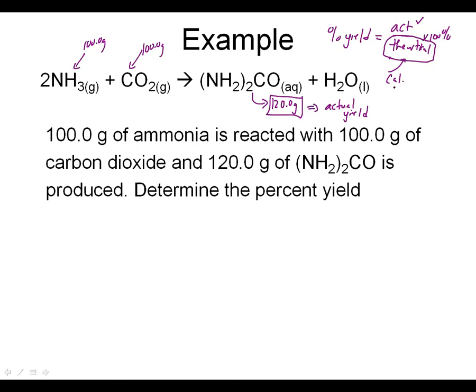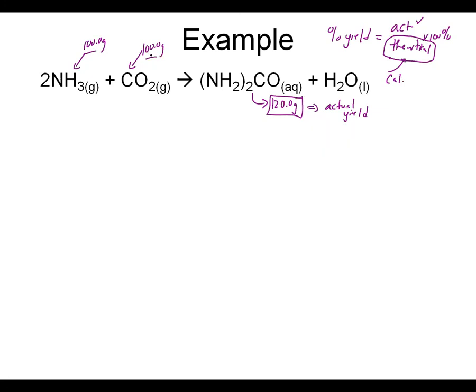Now, we're going to do it the same way as we did before. We're given the starting amounts of both reactants, which will tell us that it is a limiting reagent problem. So just like we did before, we need to figure out the limiting reagent. So same steps, we're going to balance the equation, the same one we used previously. We're going to convert to moles. Here we're using different numbers. So grams of NH3.